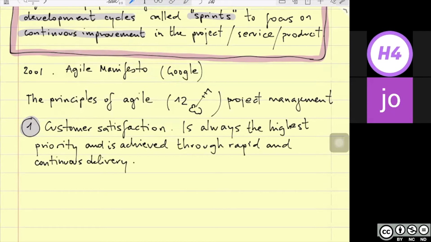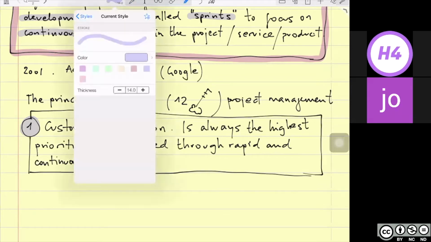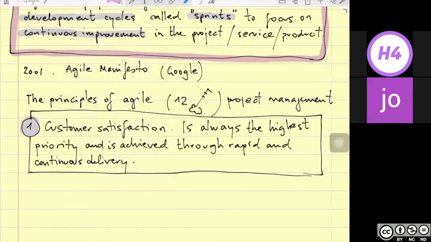Basically, never make your customer wait. Your customer should never wait for an answer for a product or for a service. This is the first principle.